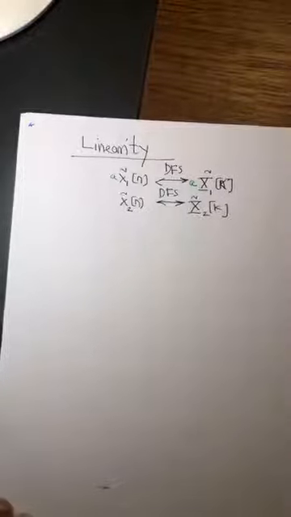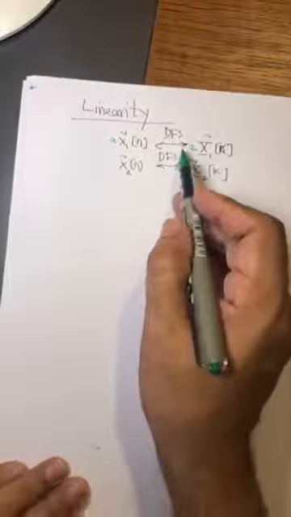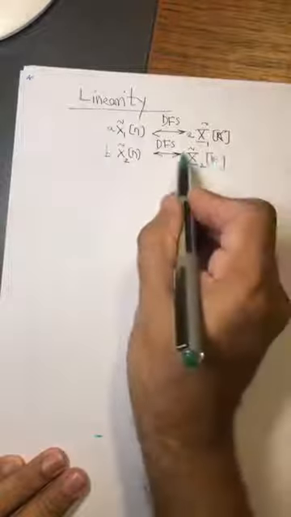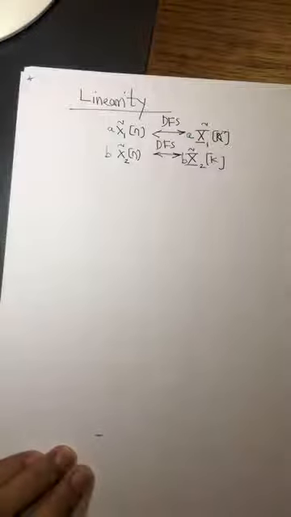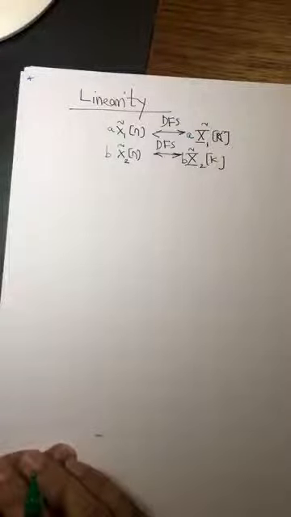Because the summation is a linear thing, because of this linearity you just take that constant out. Similarly, if you multiply this with b, the same thing will happen. You need not recompute the Fourier series coefficients. All you have to do is just multiply the Fourier series coefficients which you have computed.